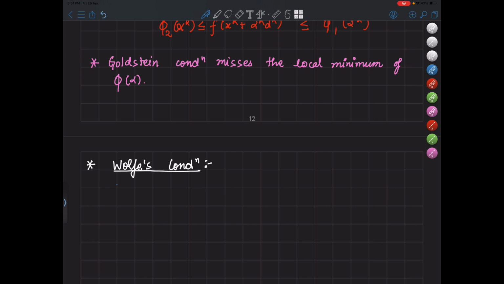This ensures a sufficient rate of decrease of function value in the given direction.